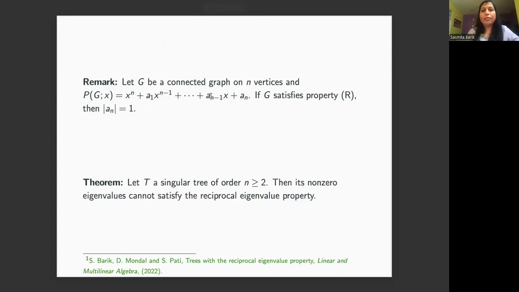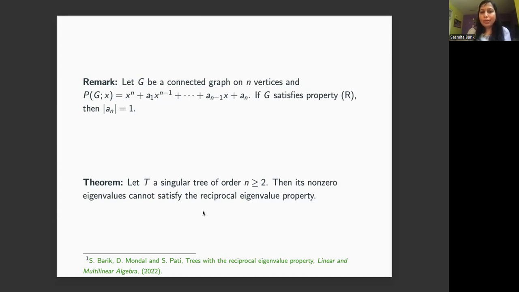Using this result, we could prove that if you take a tree that is singular and non-trivial, that means n is greater than or equal to 2, then its non-zero eigenvalues cannot satisfy this reciprocal eigenvalue property. That means there is no singular tree which satisfies the weak reciprocal eigenvalue property. So except K1, which is a trivial case, there is no other tree which satisfies the weak reciprocal eigenvalue property. Okay, so in the tree case, such a graph doesn't exist.